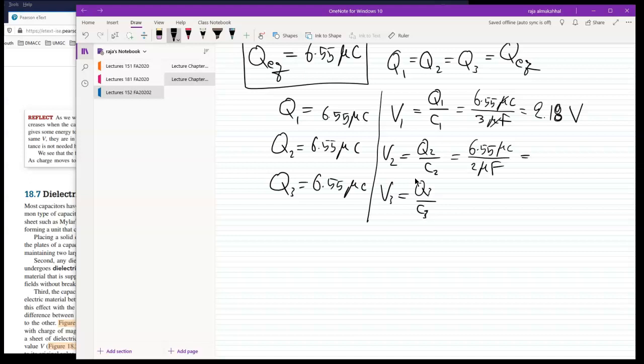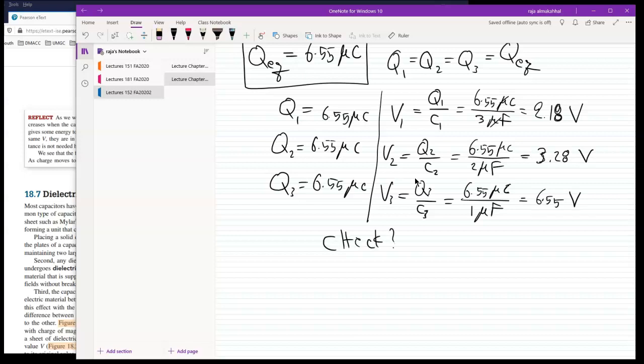I'm going to get roughly 3.28 volt. And then this one, 6.55 microcoulomb divided by 1 microfarad. The micros cancel out as well, and I will get 6.55 volt.